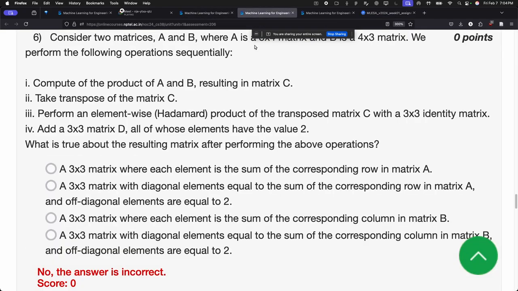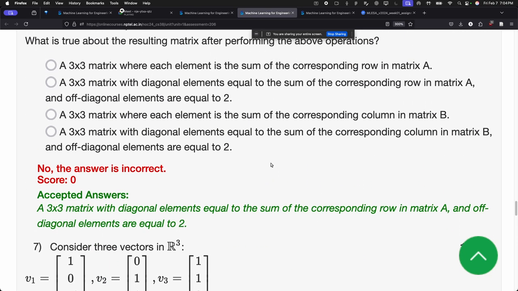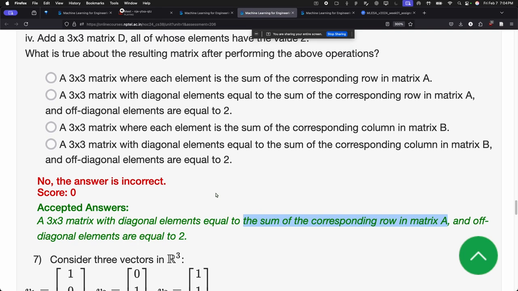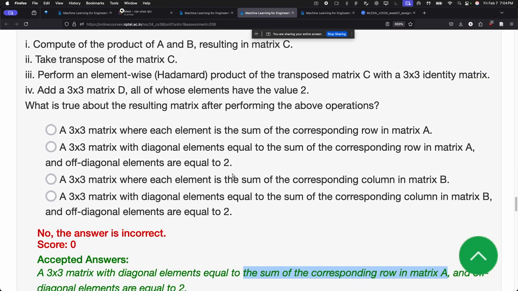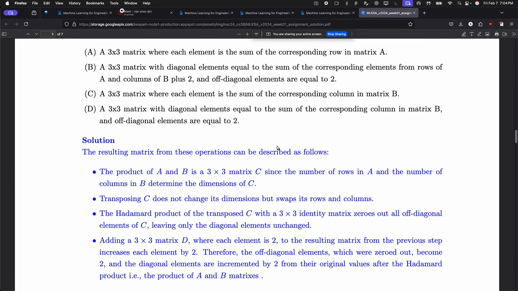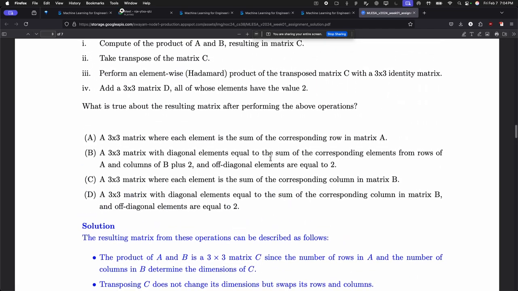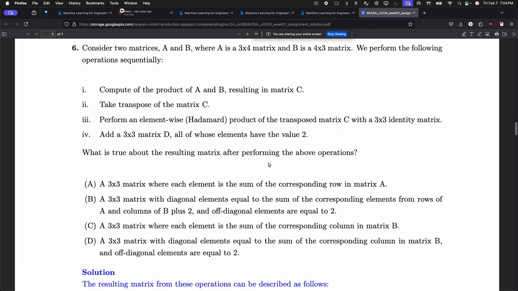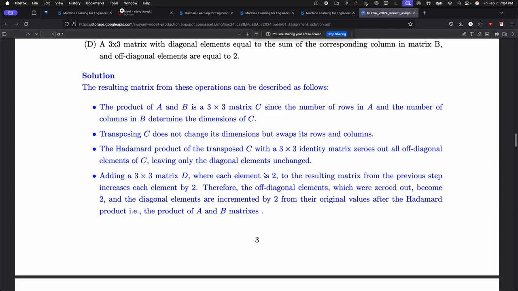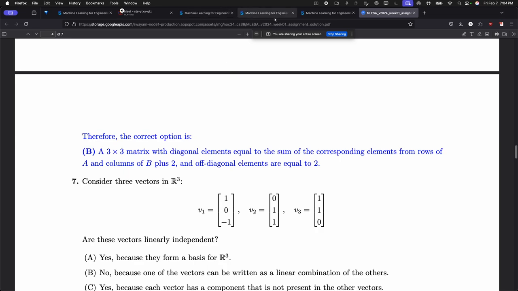Equal to the sum of corresponding row in matrix A and off diagonal elements are equal to 2. Option B is correct.